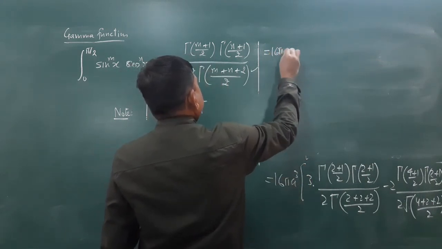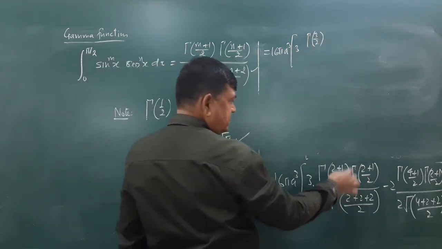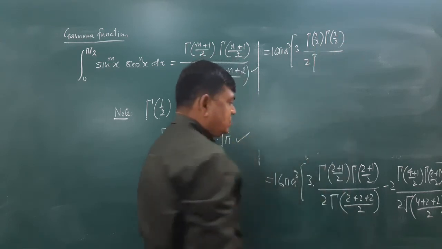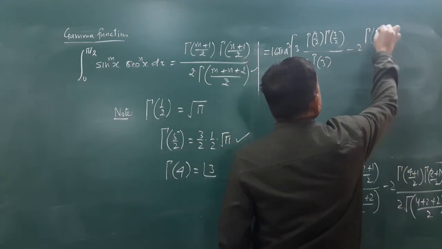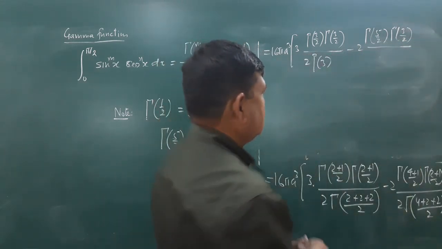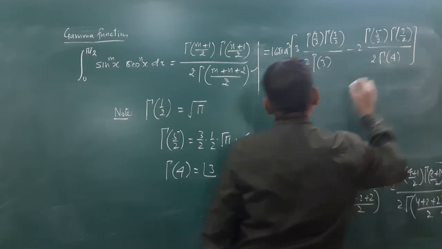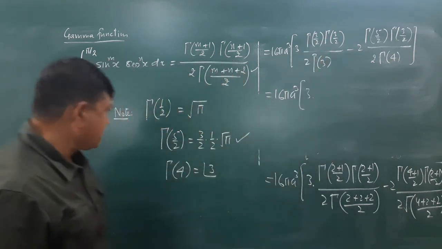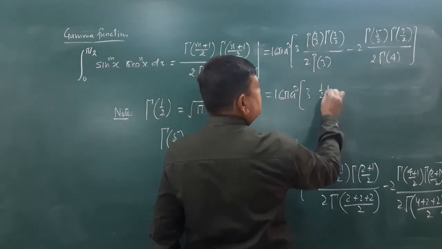This is 16 pi a cubed multiplied by 3. This is gamma 3 by 2, gamma 3 by 2, upon 2 gamma 2 plus 2 plus 2, that is 6 by 2, so it is gamma 3, minus 2 times gamma 5 by 2, gamma 3 by 2, upon 2 gamma 4 to 6 to 8, so it is gamma 4. 16 pi a cubed, 3, gamma 3 by 2, 5 by 2, then next reducing odd number is 3, so it is 1 by 2 into root pi.